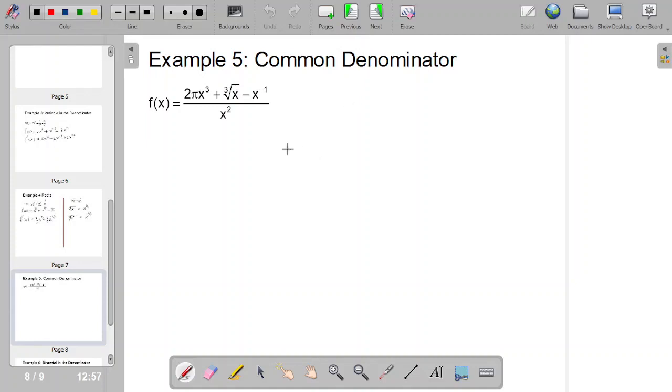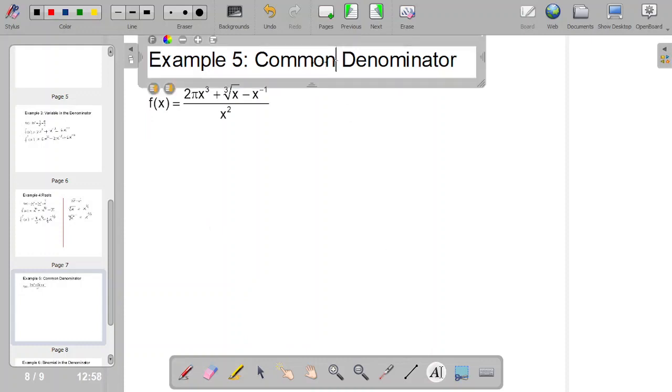So what happens if you have a variable in the denominator? In fact, this is supposed to be a variable in the denominator, and we can actually try and fix that.